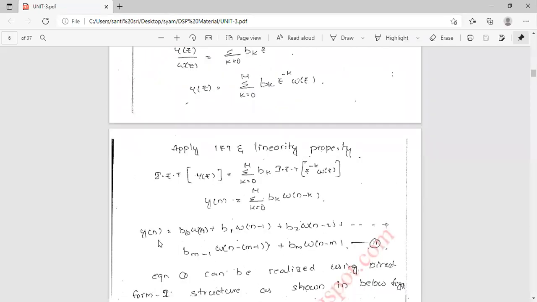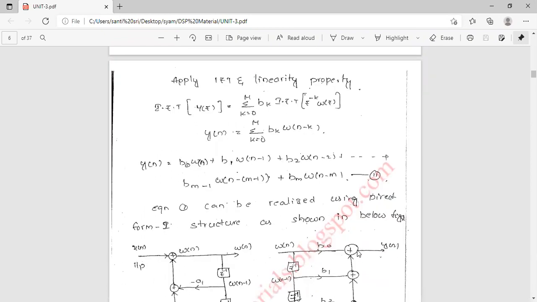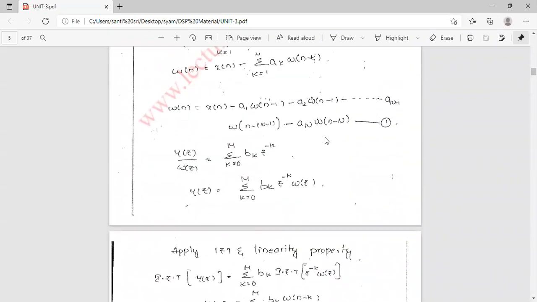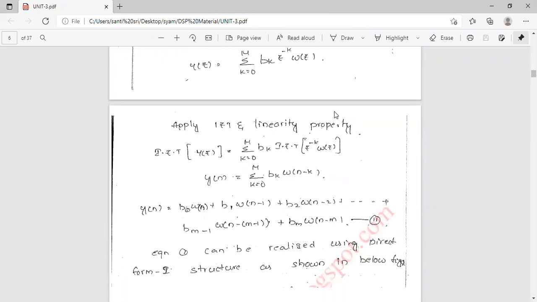Okay, then y of n will become b0 into w of n plus b1 into w of n minus 1 plus b2 into w of n minus 2 and so on up to b m into w of n minus m. That is equation number 2. So equation 1 can be realized using direct form 1 structure, that is minus a1 into w of n minus 1.